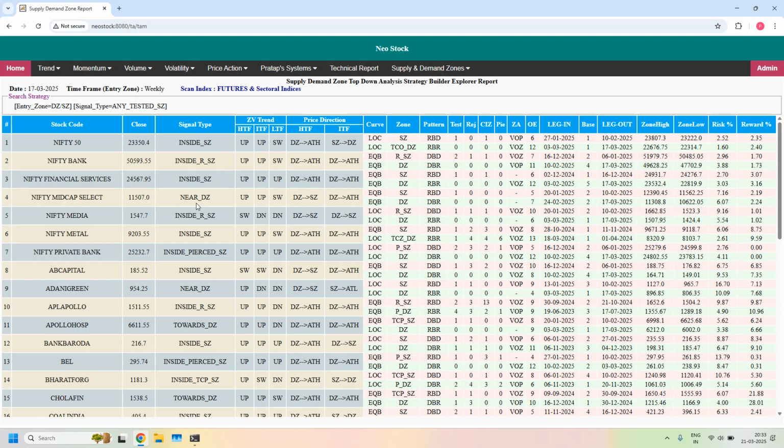And the Nifty Midcap Select tested supply zone and is moving towards the demand zone. Nifty Media closed inside the weekly supply zone. Nifty Metal closed inside the weekly supply zone. Nifty Private Bank is having a pierced supply zone. Okay, I'm scrolling the list down.